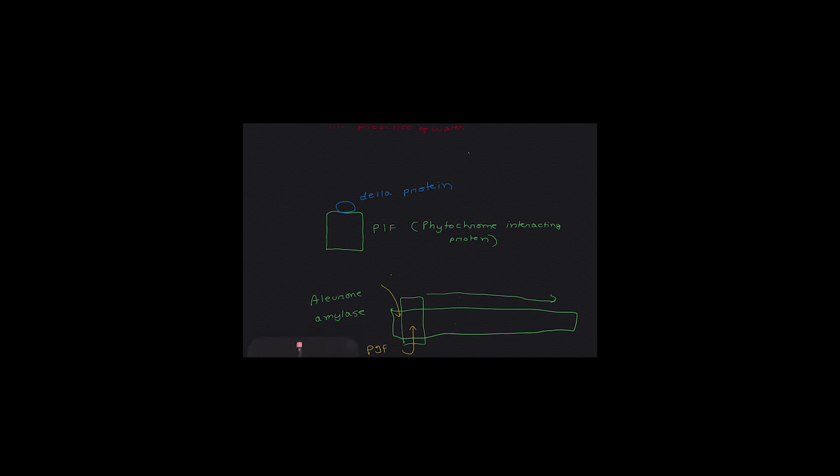Promoter region of our DNA. So once the PIF binds to the promoter region of our DNA, this is going to transcribe the DNA and eventually code for our amylase. But this DELLA protein binds to PIF and thus restricts it from binding to the promoter region of our DNA.